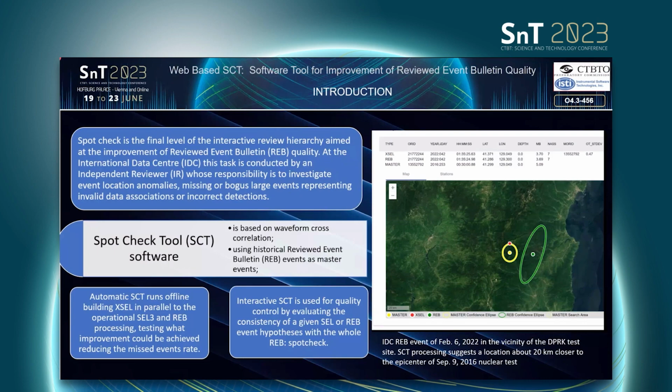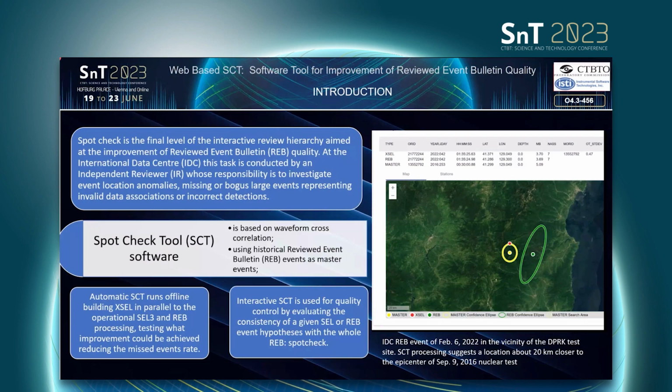We cross-correlate with the templates obtained from a pre-selected list of master events. The current list is about 20,000 master events. Indeed, we are using historical REB events, reviewed event bulletins, as master events. We can also use fully synthetic or semi-synthetic master events if we want.